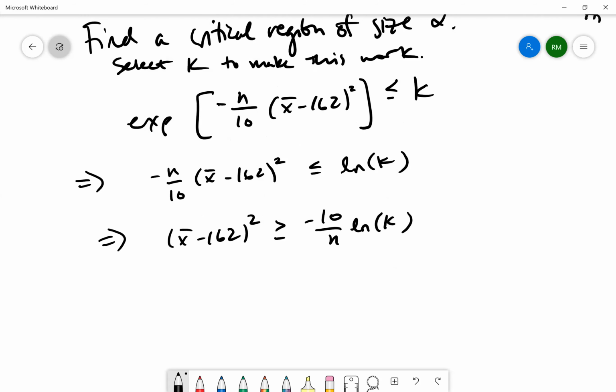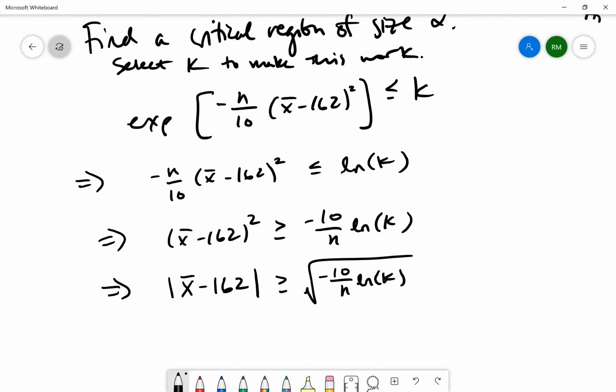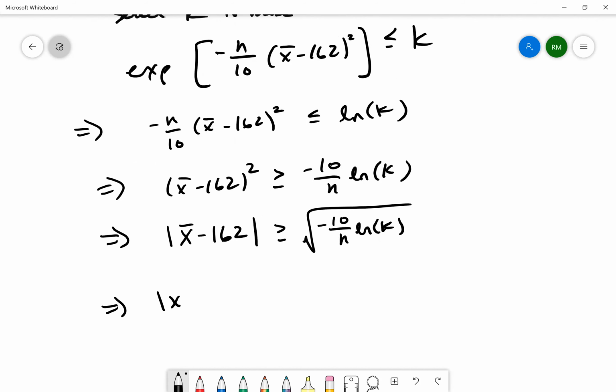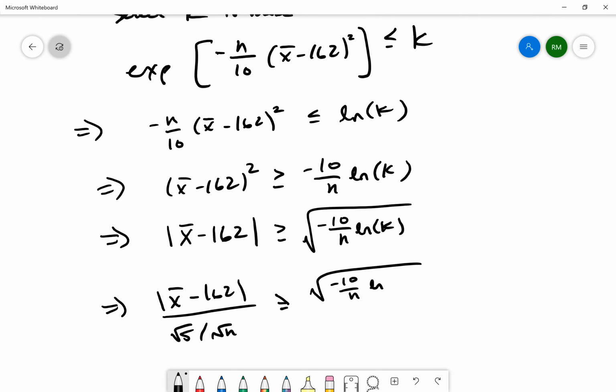And then what this tells us actually is that the absolute value of x bar minus 162 must be bigger than or equal to the square root of this guy. And then we divide both sides by root 5 over root n. And that's what we pick for C.